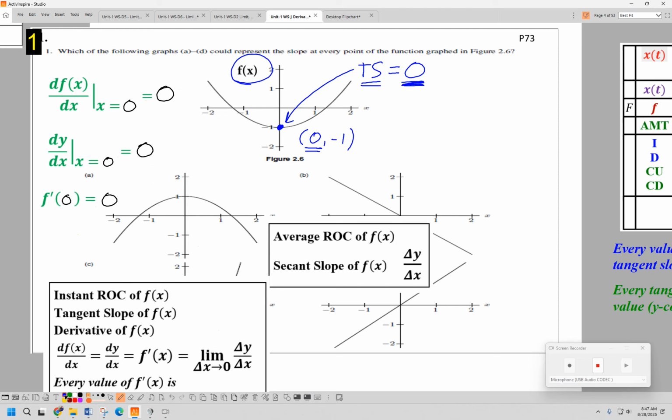So what this is saying is the instantaneous rate of change of f, which means how fast the y values change compared to the x values, at specifically an x coordinate of 0, that instantaneous rate of change at that specific point has a value of 0. So it's like this, Mary. The little equal here is just referring to what x coordinate we're speaking of. The equal sign here is talking about the rate of change. So the rate of change, I should have chosen different spots. We have so many zeros. Does that answer your question?